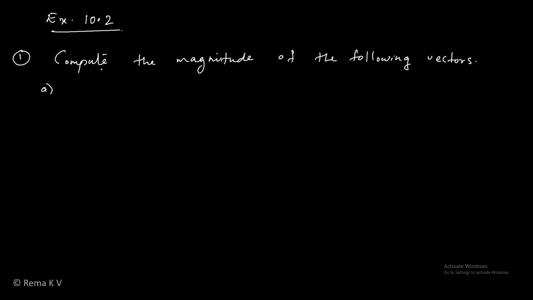First one, vector A is equal to i plus j plus k.